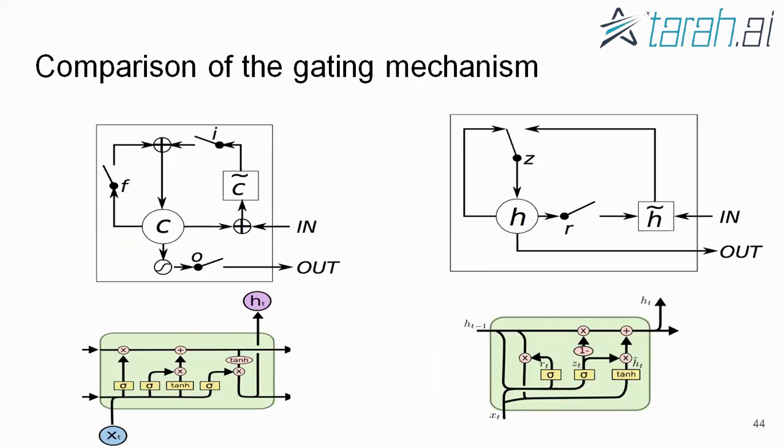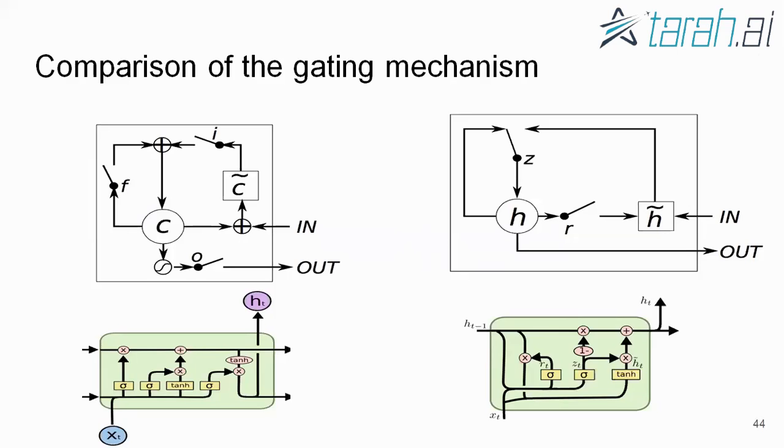So if you see, comparing the LSTM and GRU, on the left hand side is LSTM and on the right hand side is GRU. GRU has only three hidden layers. In LSTM we have four hidden layers, and therefore GRU is less complex as compared to LSTM.